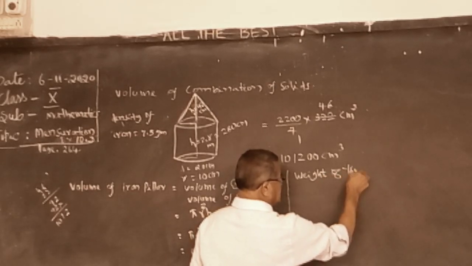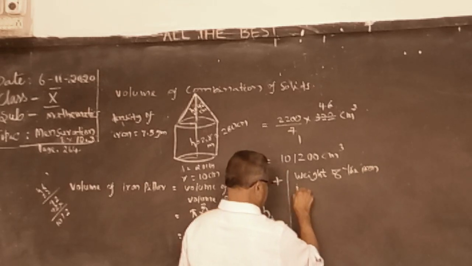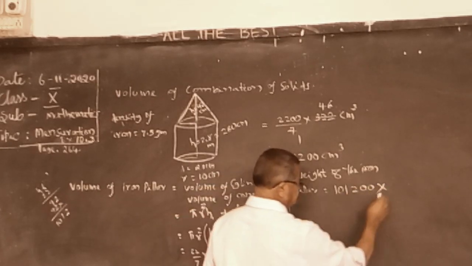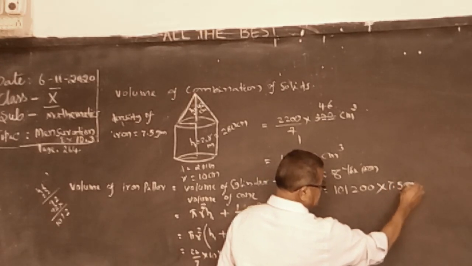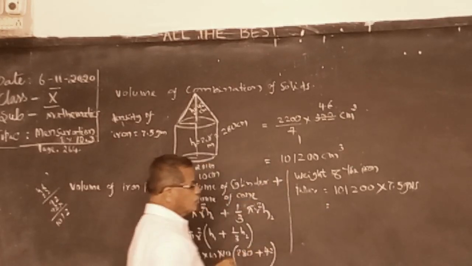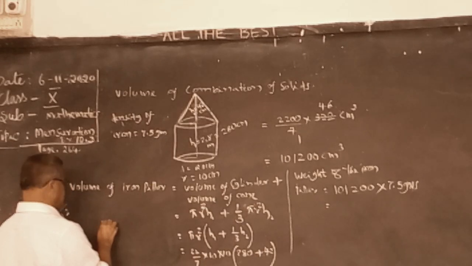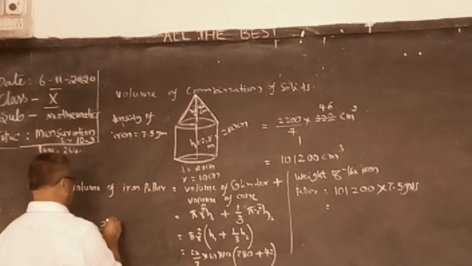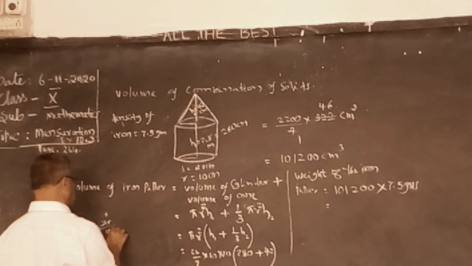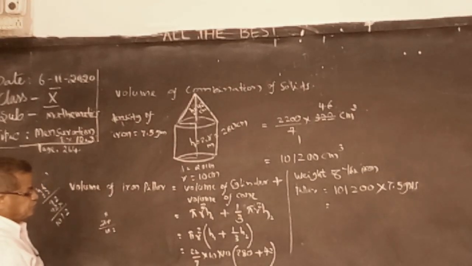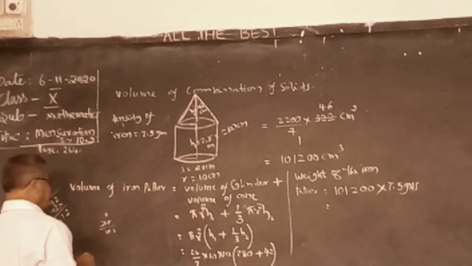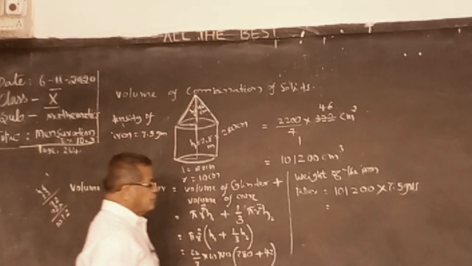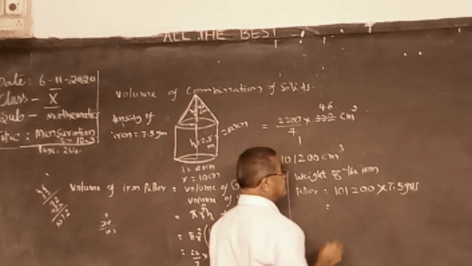Weight of the iron pillar is equal to volume into 7.5 grams. 7.5 let us convert to a fraction for easy calculation, 75 by 10, that is 15/2.